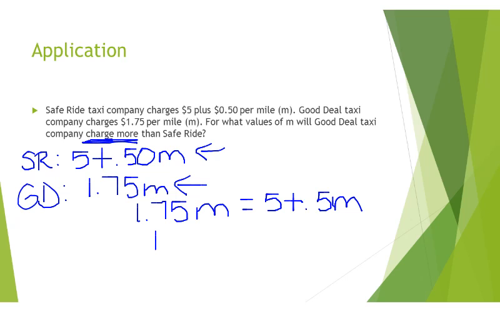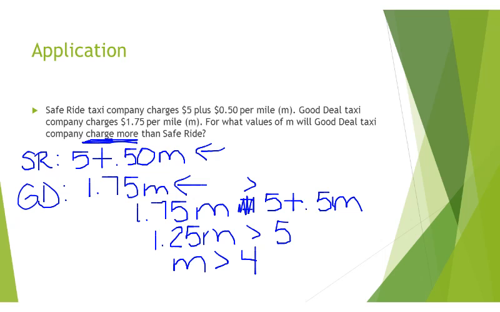Not equals, greater than. I'm still going to subtract 0.5 from both sides. So 1.25 M is greater than 5. So when the mileage, 5 divided by 1.25, is greater than 4, that's when Good Deal Taxi Company will charge more than Safe Ride.